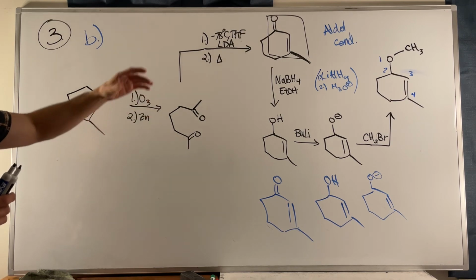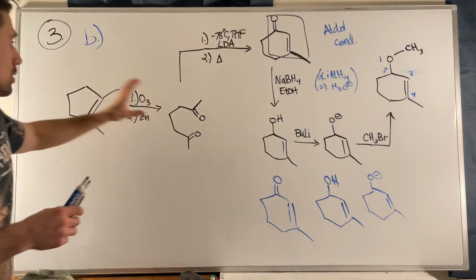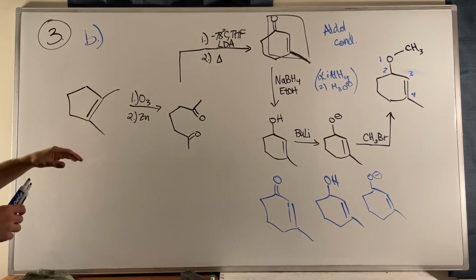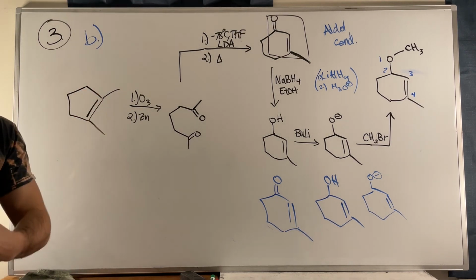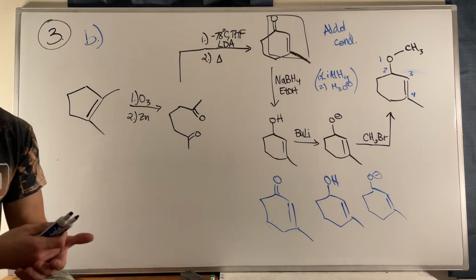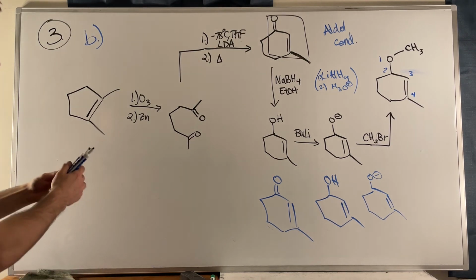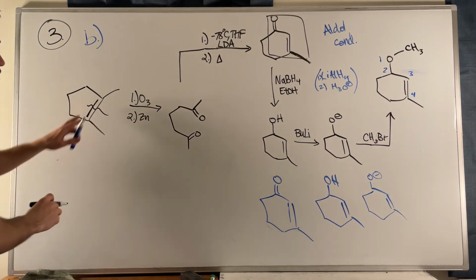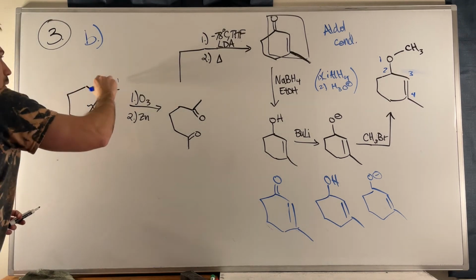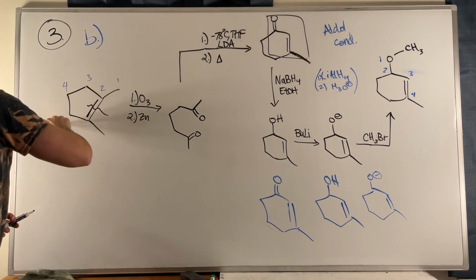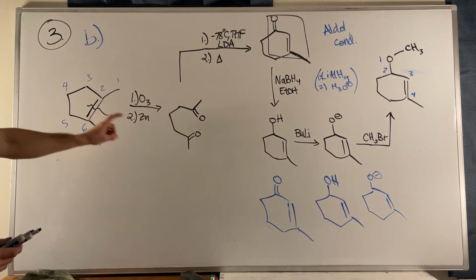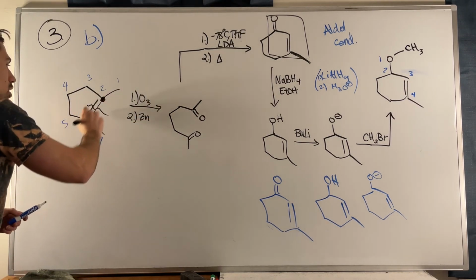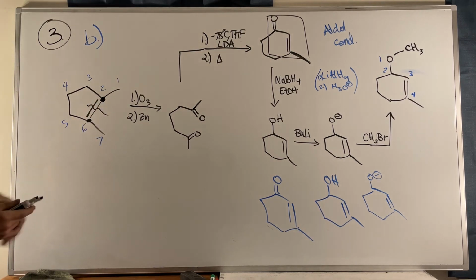But if we were to step this back or even step this forward, we clearly need to open this 5-membered ring up. We need to somehow get into a position that can then rewrap itself back into a 6-membered ring this time. So if we were to cleave this bond right here, 1, 2, 3, 4, 5, and 6, 7. We would then get a dicarbonyl, right? We get a carbonyl on 2 and a carbonyl on 6 using ozonolysis.